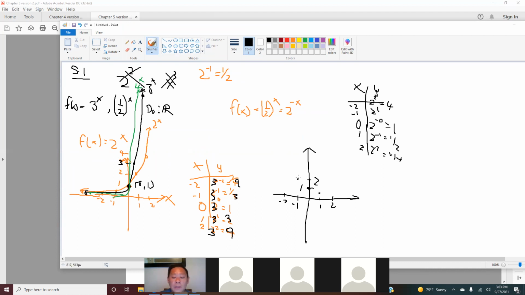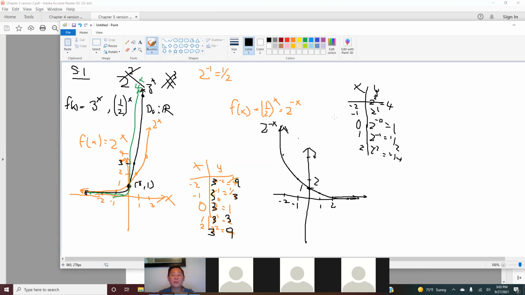So this graph will go in the opposite direction of the 2x here. So this is 2 to the negative x, or sometimes we say 1/2 x.